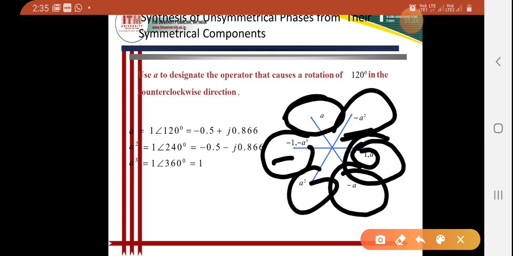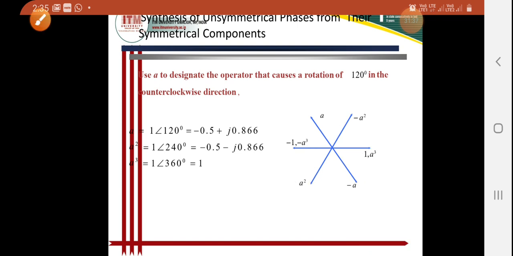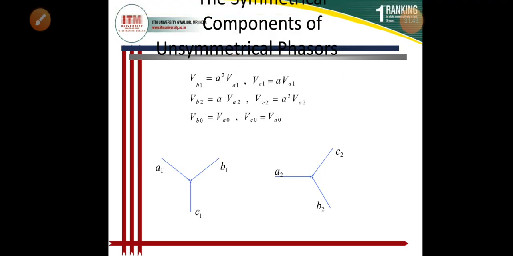Now coming to discuss briefly the symmetrical component analysis of unsymmetrical phasors.